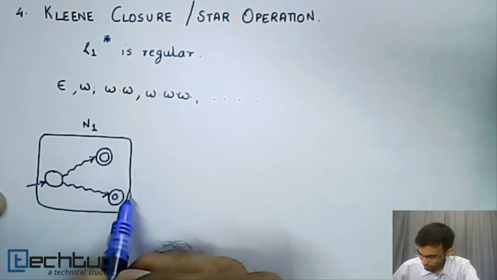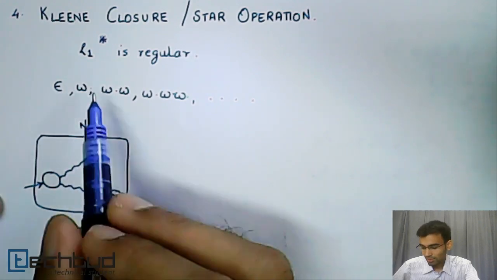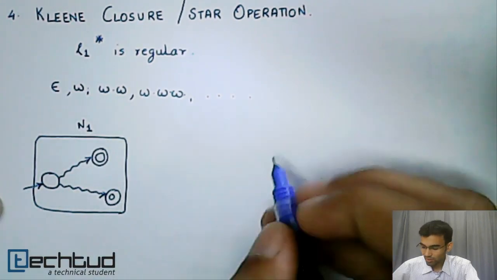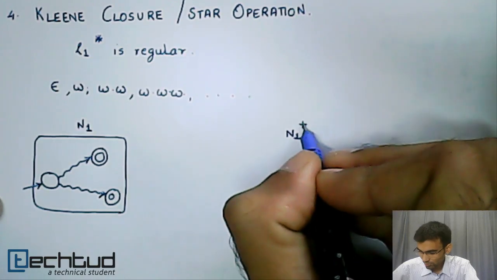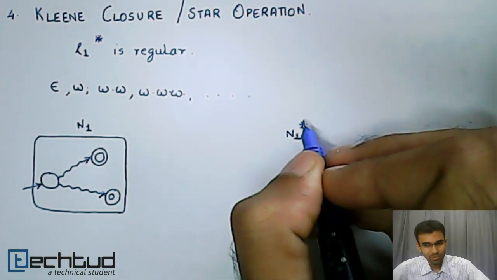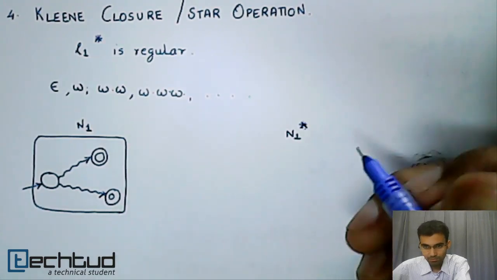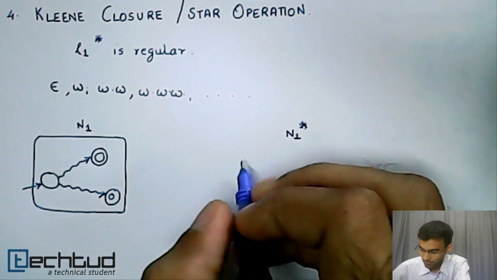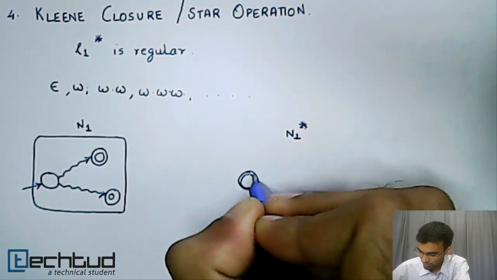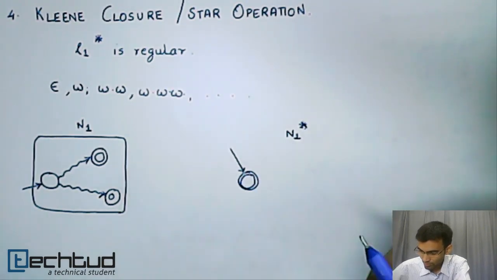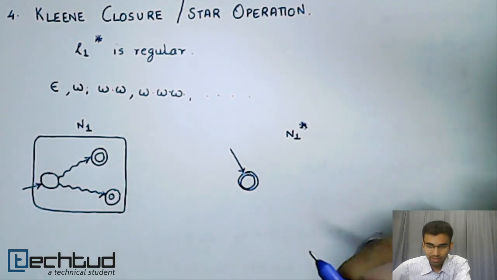Now what we do to N1, so that we can recognize L1 star, we construct an NFA N1 star such that our start state is also a final state. This ensures that we can accept the empty string.